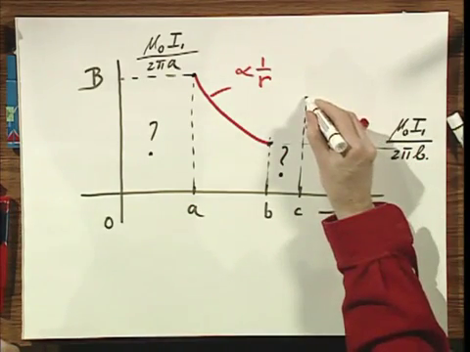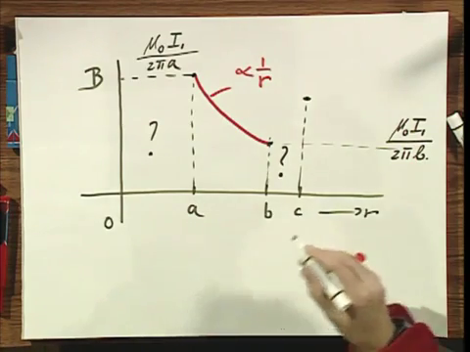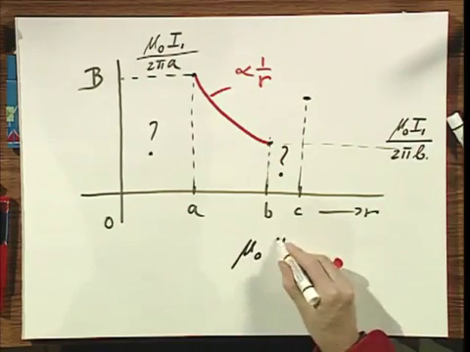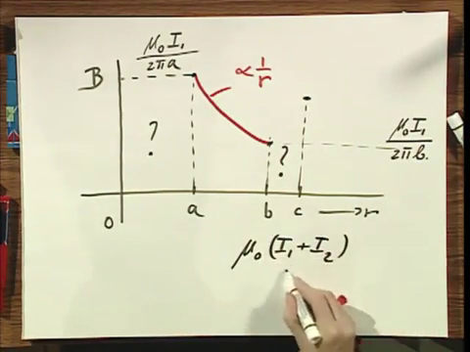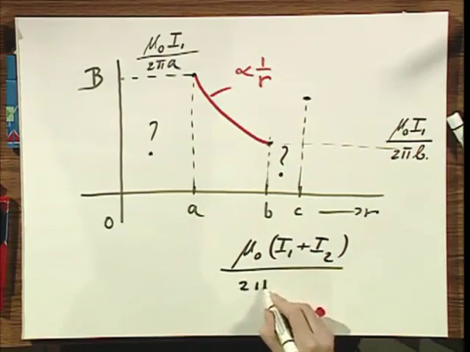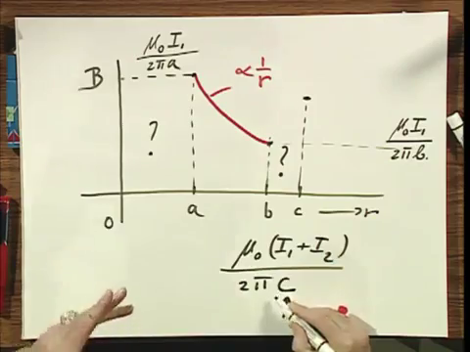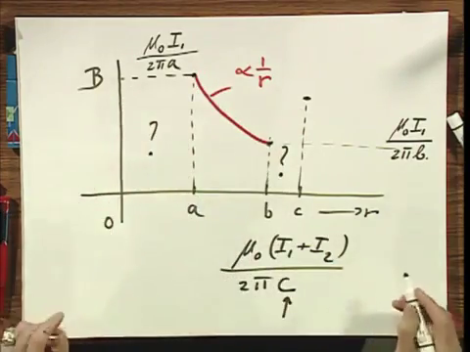I know that the magnetic field here, well, I know it mathematically. It is mu 0 times I1 plus I2, assuming that they run in the same direction, divided by 2 pi C, remember, 1 over R. Now, whether this is larger than this number or smaller, I do not know.